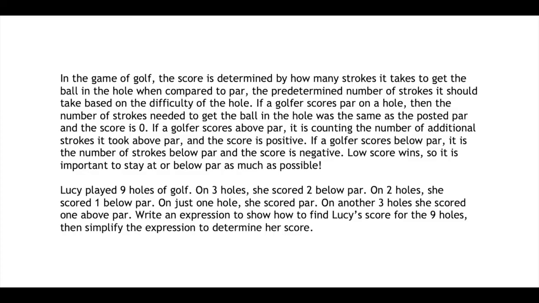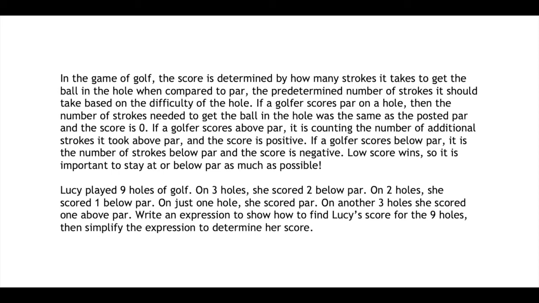Okay. In the game of golf, the score is determined by how many strokes it takes to get the ball in the hole when compared to par, the predetermined number of strokes it should take based on the difficulty of the hole. If a golfer scores par on a hole, then the number of strokes needed to get the ball in the hole was the same as the posted par, and the score is 0.